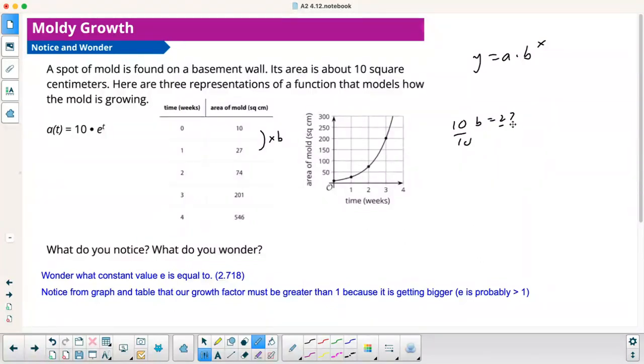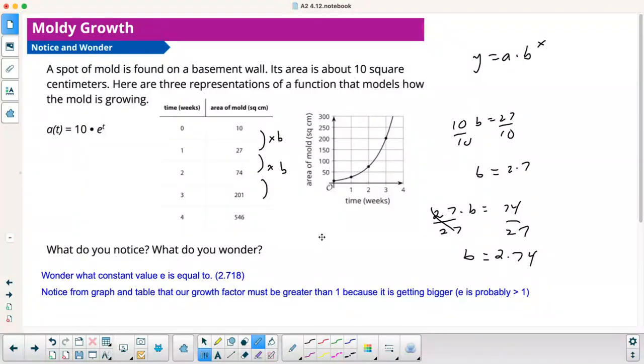So if I divide, I get, oh, okay, b looks like it's 2.7. If I do it here, 27 times b equals 74, divided by 27, I'm going to get b equals 2.74.